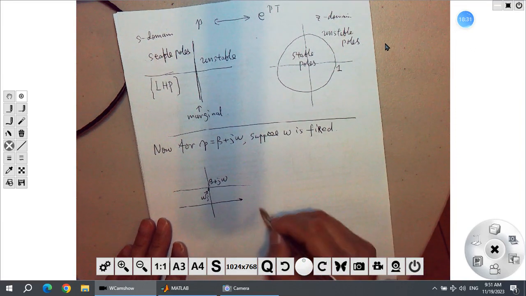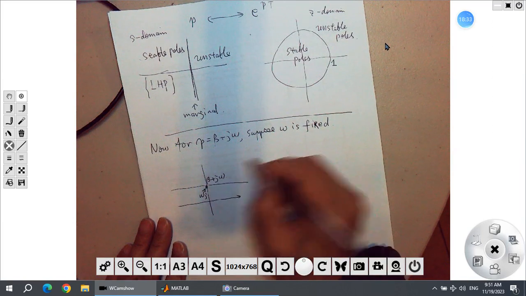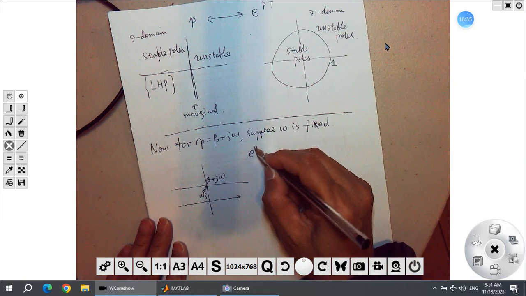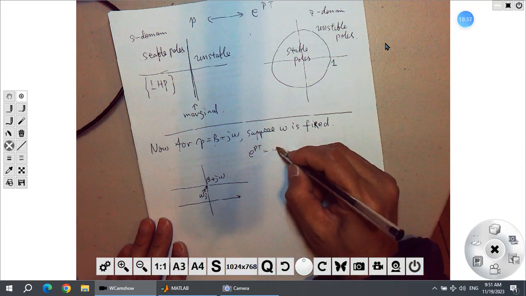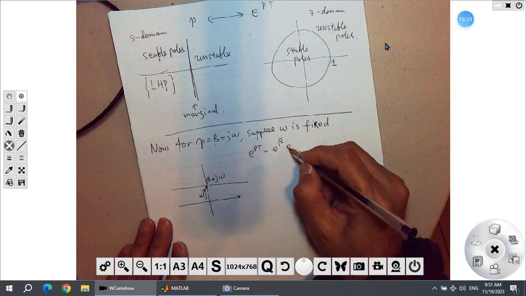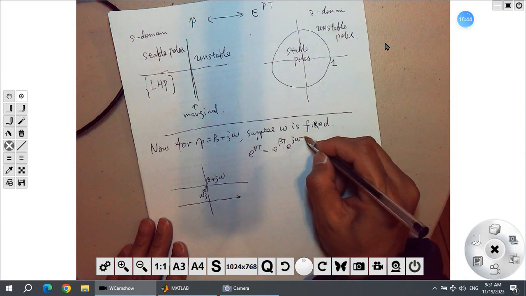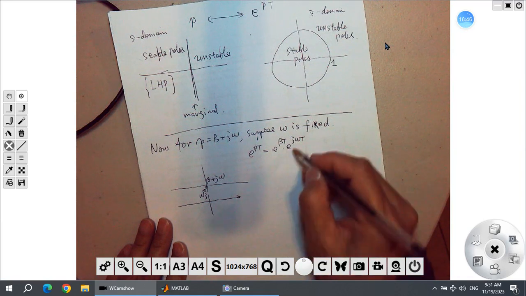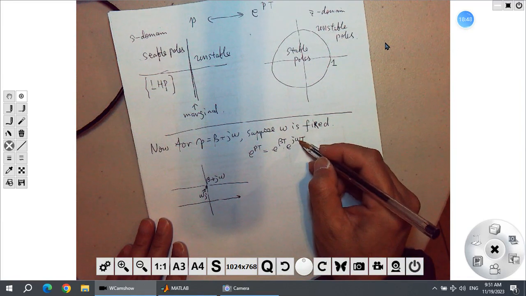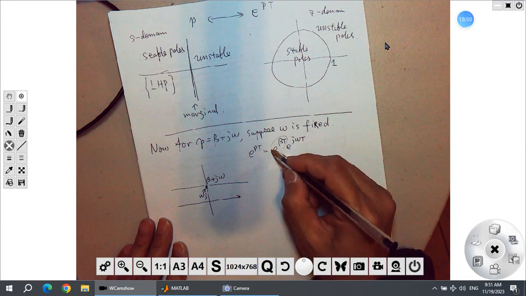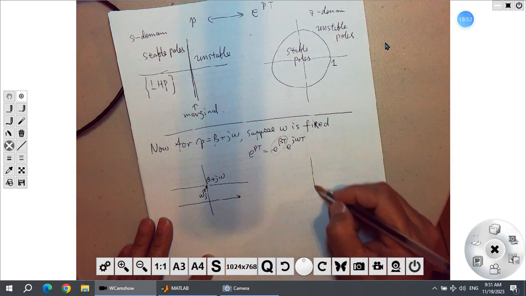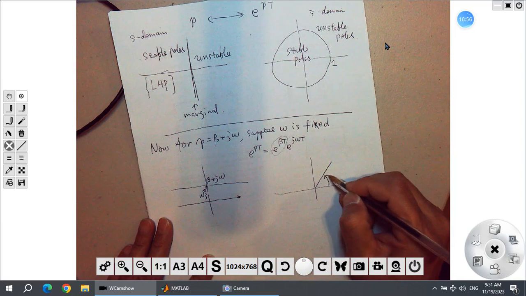Then on this side we have p, and e to the pT equals e to the beta times e to the j omega T, right? Now omega is fixed. This one is fixed, this one is changing. So actually this is omega T, an angle.